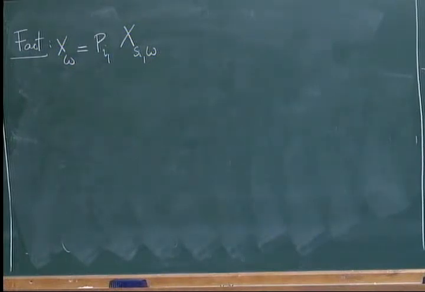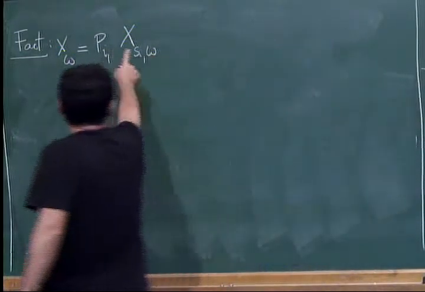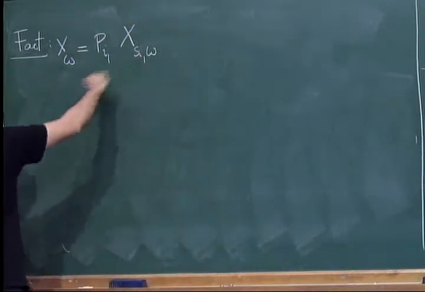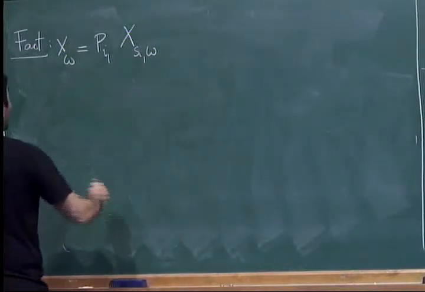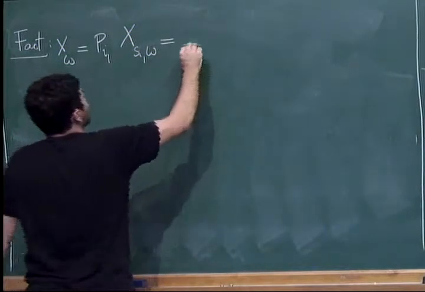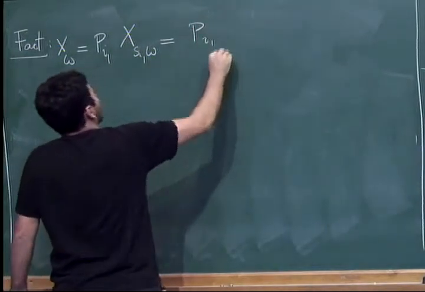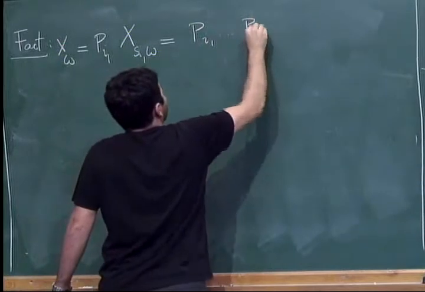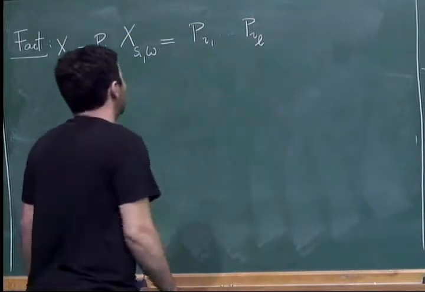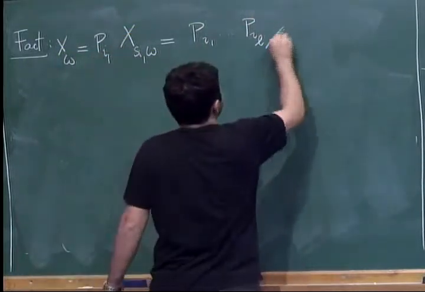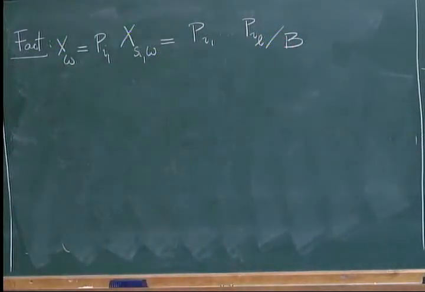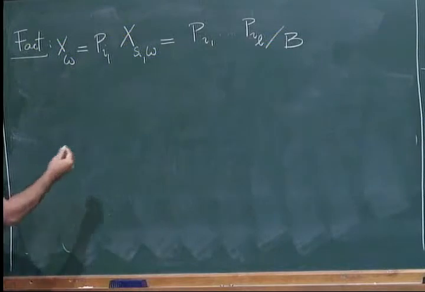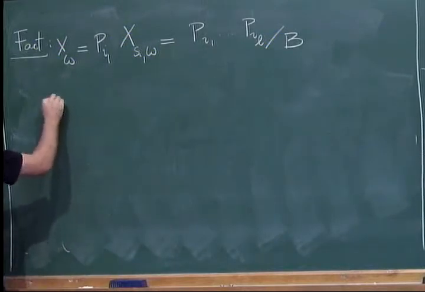You see that at least X_w is contained in this one, since s_{i1} squared is the identity. In fact, you can prove that this is exactly the product of the P_i mod B.